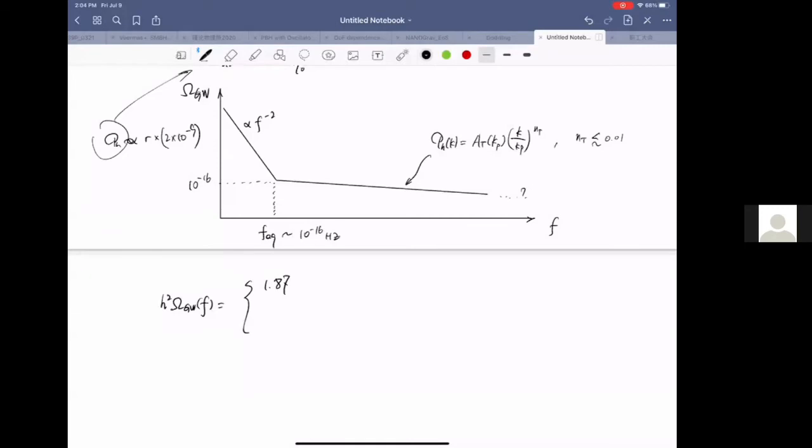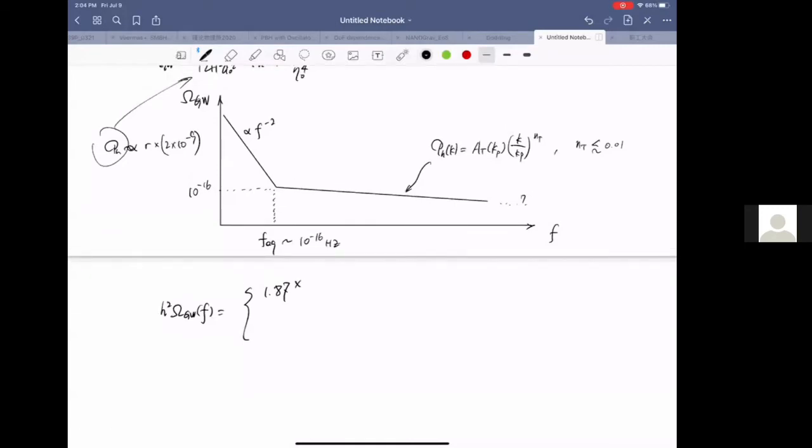This is the low frequency part, and the near constant part.